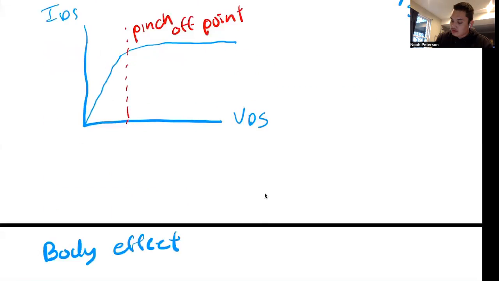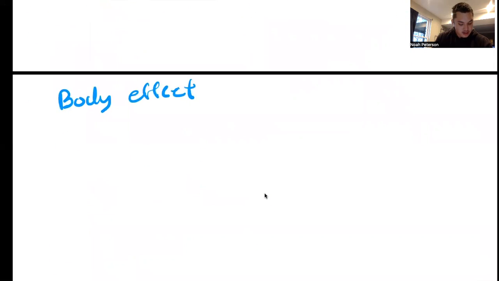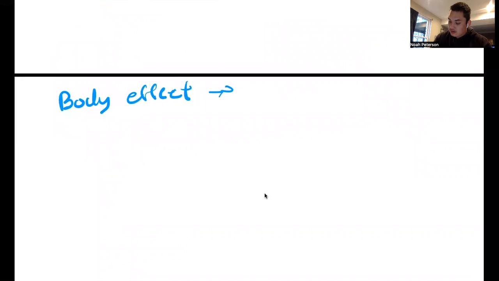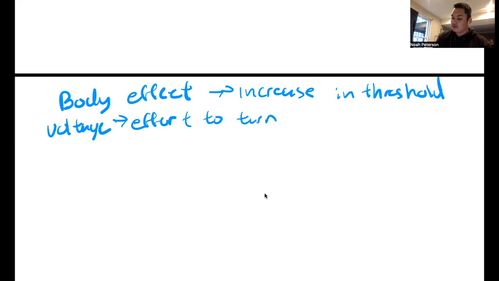That's what we were talking about earlier with that P substrate. It takes more effort to turn on the transistor.